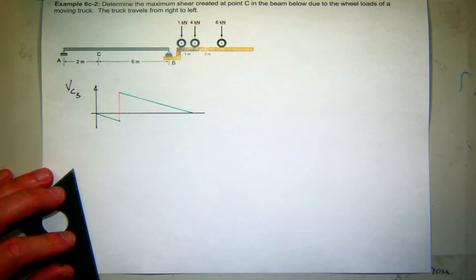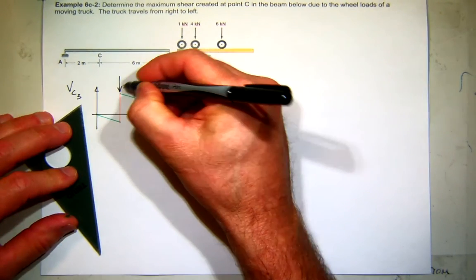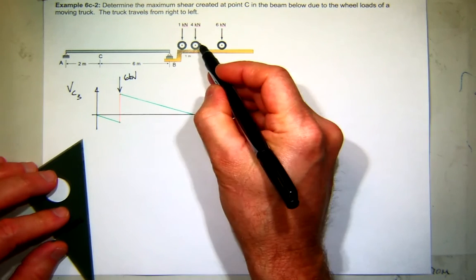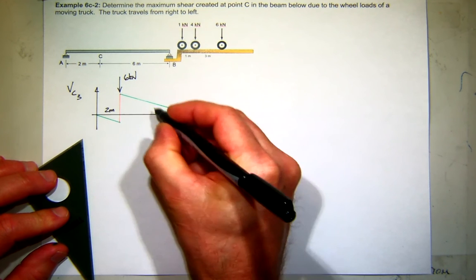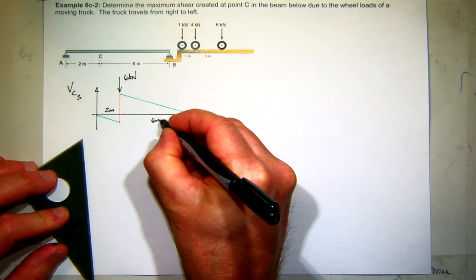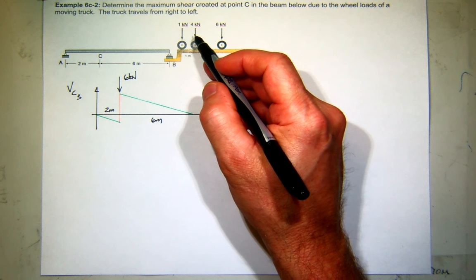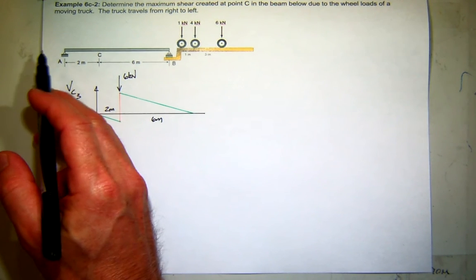And in the third case, now the last load comes to the top, which is the 6 kilonewton force. And then 3 meters in front is the fourth, but what? That part of the structure is only 2 meters, right? So now the first 1 kilonewton and the second 4 kilonewton force have actually left the structure on the left-hand side.